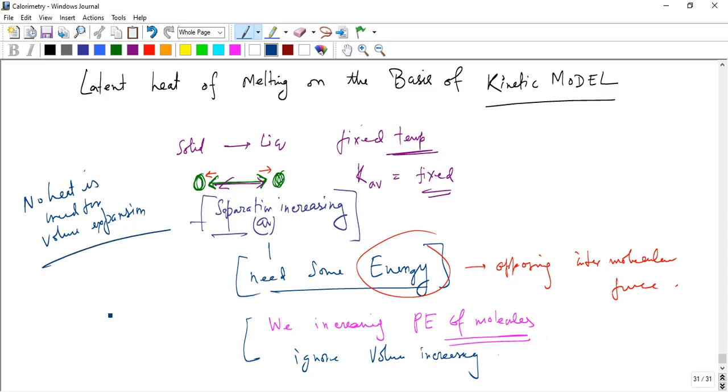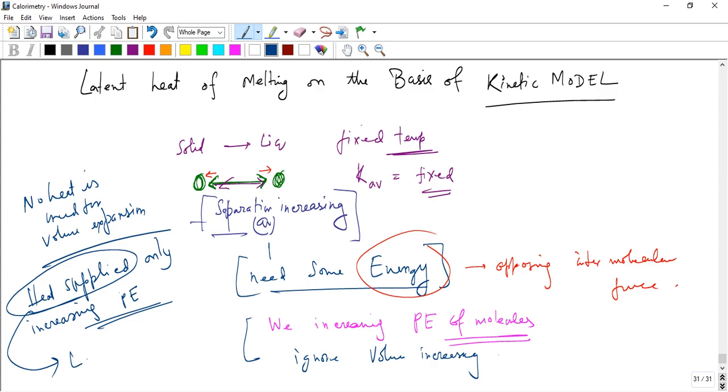So the heat energy supplied during melting is utilized only for increasing the potential energy of the molecules. That heat, which increases the potential energy, is called the latent heat of melting.